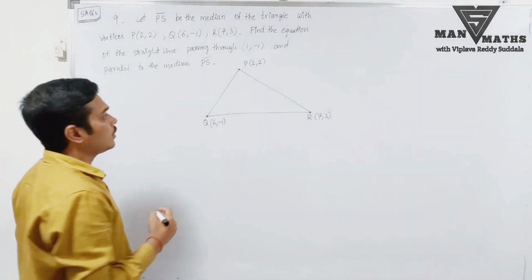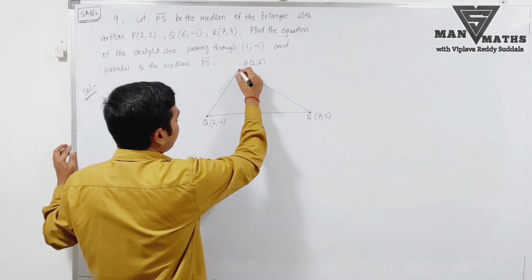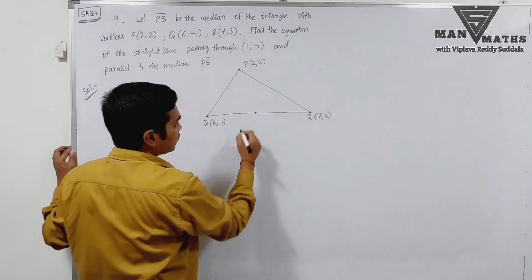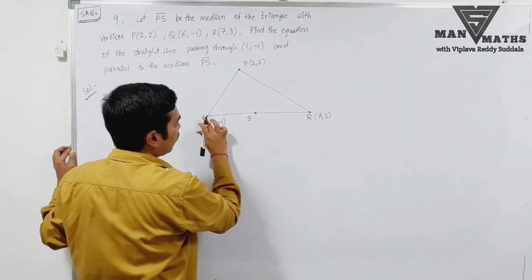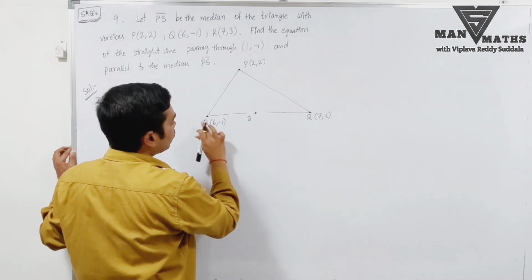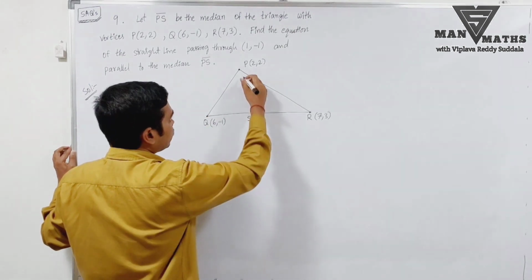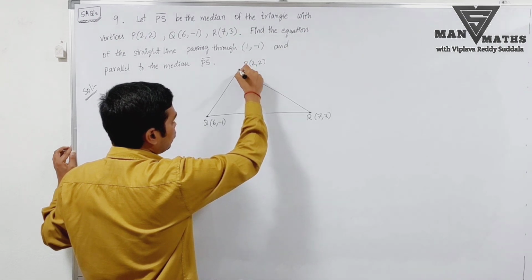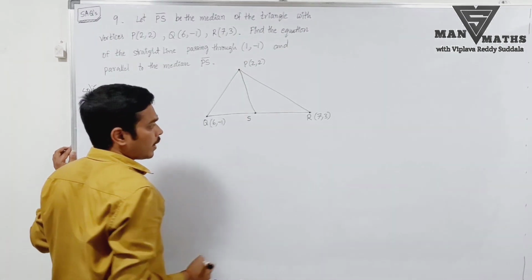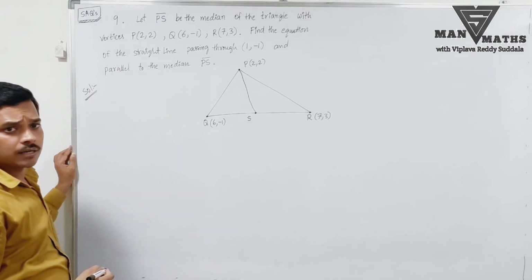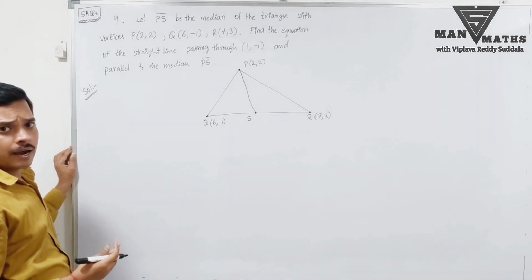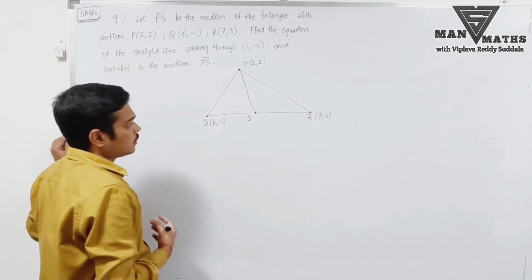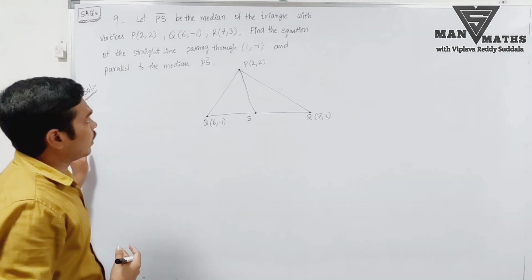A median is nothing but the line joining a vertex and the midpoint of the opposite side. For example, here S is the midpoint of QR. The line joining the P vertex and the midpoint of the opposite side is the median of the triangle.